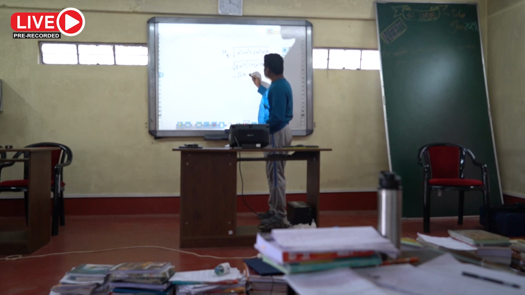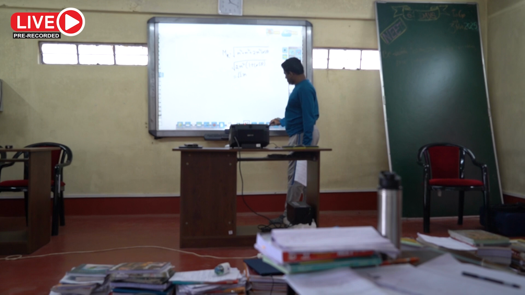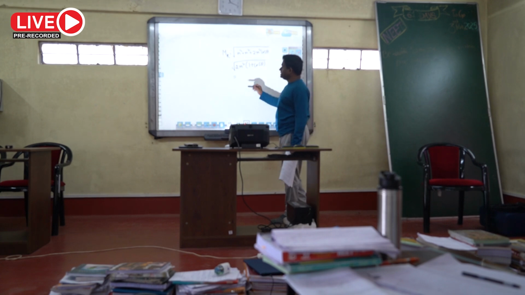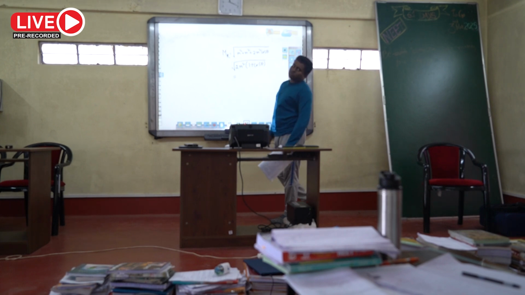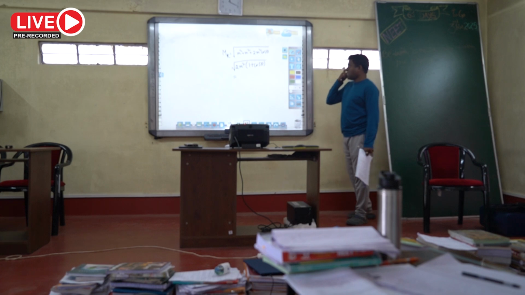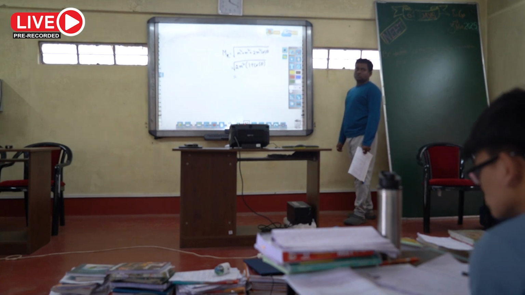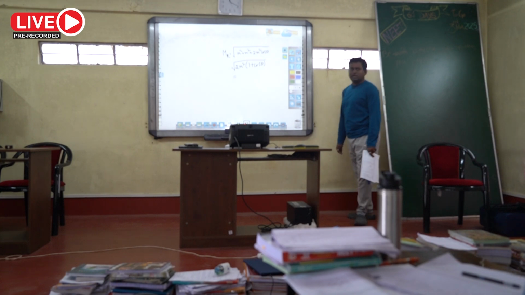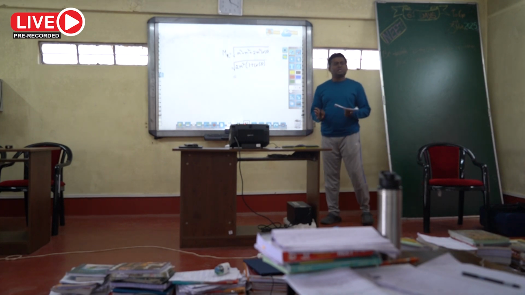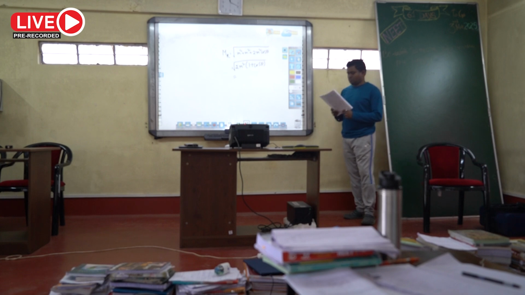You can also calculate it in the normal format: M square plus 2M square cos theta, its root. So it will be 2M square into 1 plus cos theta. Don't try to simplify this one, keep it in this form.